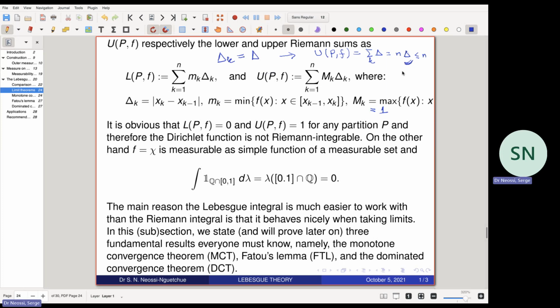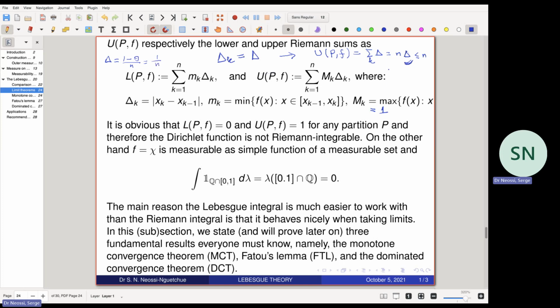Okay, so I was saying that if our points are equally spaced, delta x will be the last point minus the first point, that is 1 minus 0, divided by the number of subintervals, which is n in our case. So delta x is 1 over n.